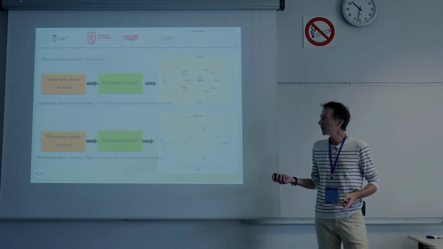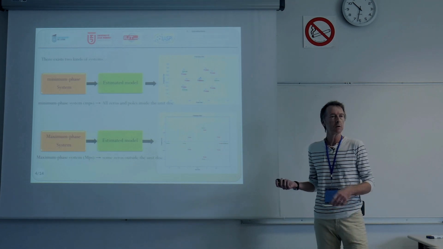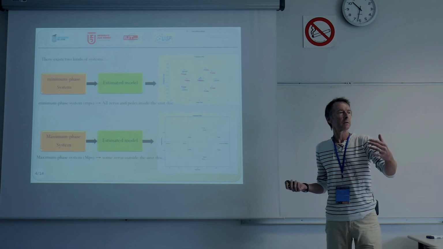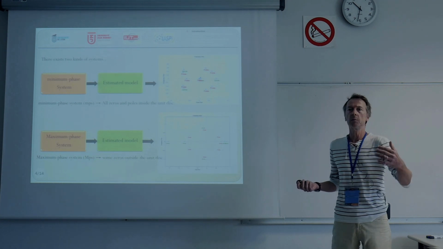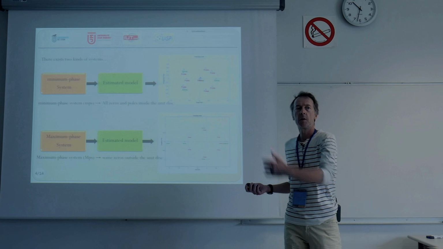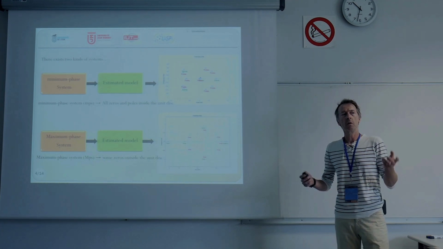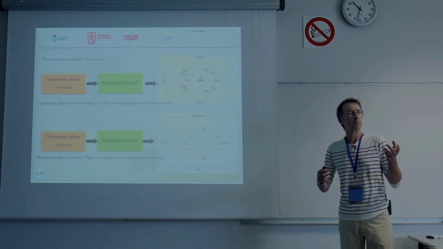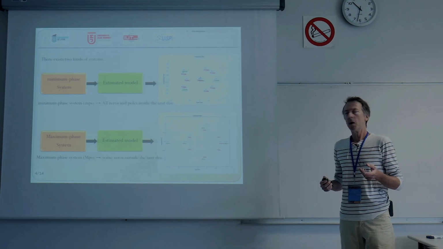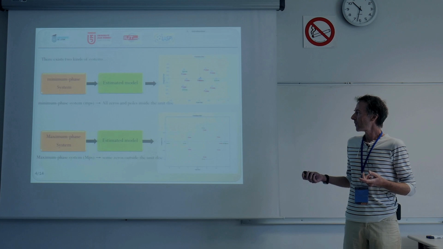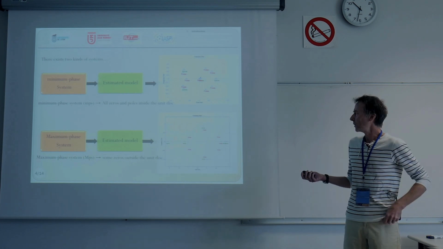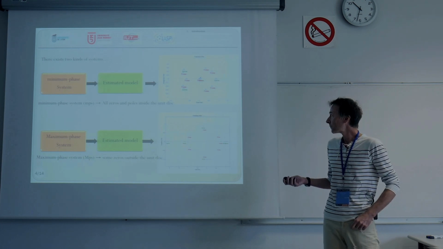An example of a maximum phase system is the acoustic system. The acoustic system is a propagative system, and when you estimate system model parameters, we have some zeros outside the unit disk.